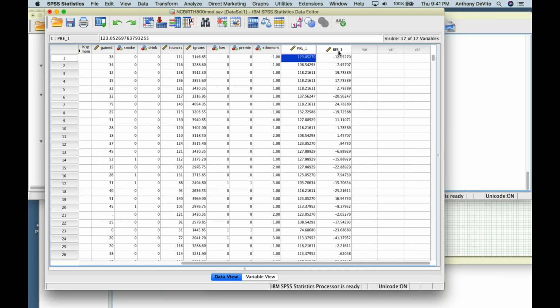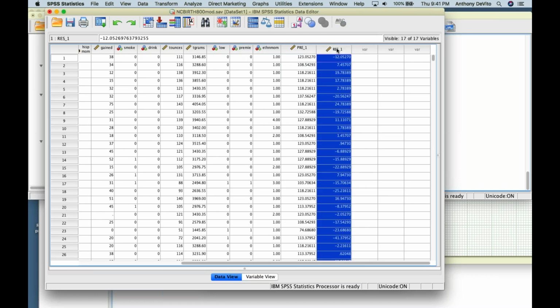Residuals is the error. That's the difference between what our formula predicts and what our actual value for that infant is. And you can see all these different residuals.